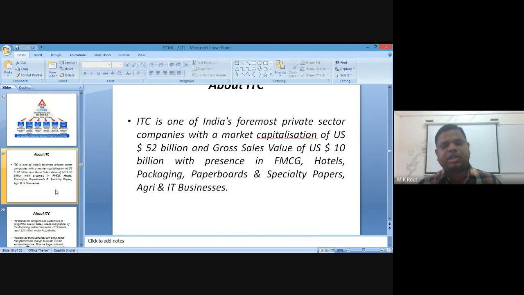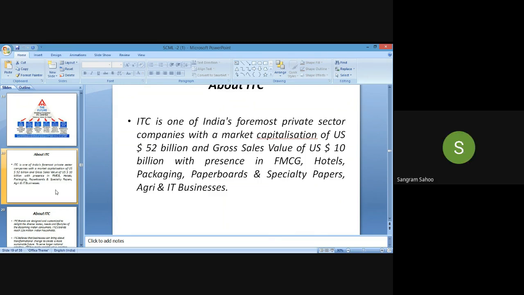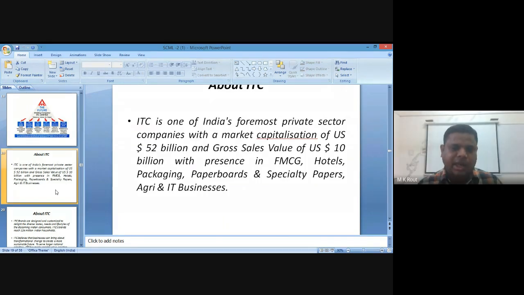They are also specialized in producing quality papers. Which brand is famous for ITC paper or notebooks? Anyone? Sir, Classmate. Classmate is the brand owned by ITC. They are specialized in papers.